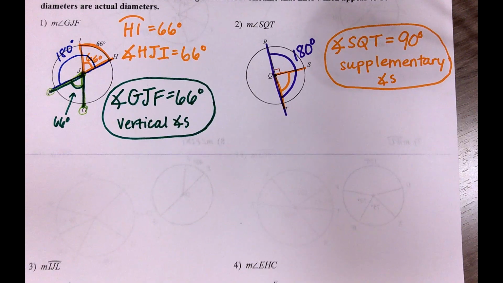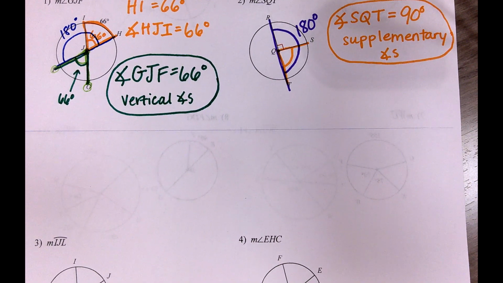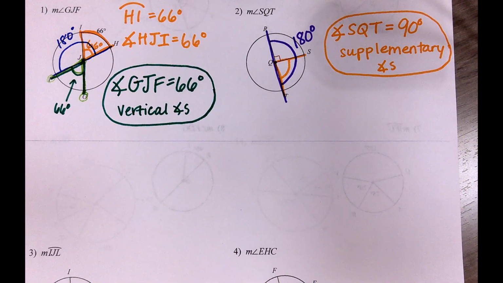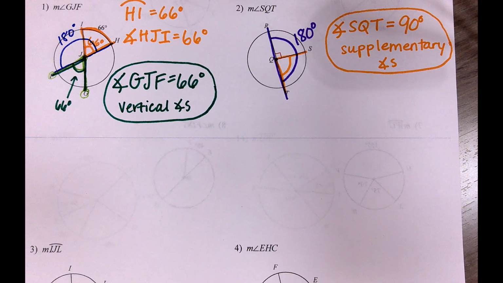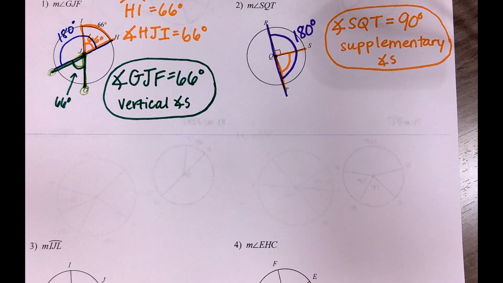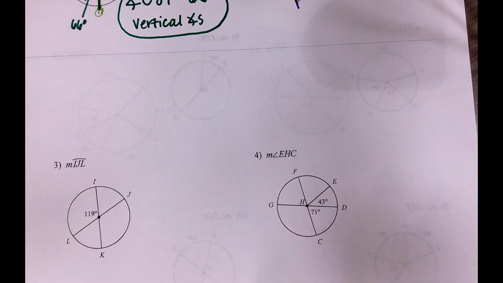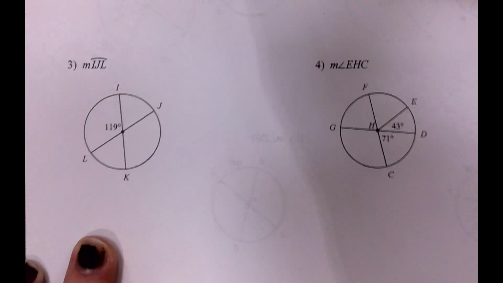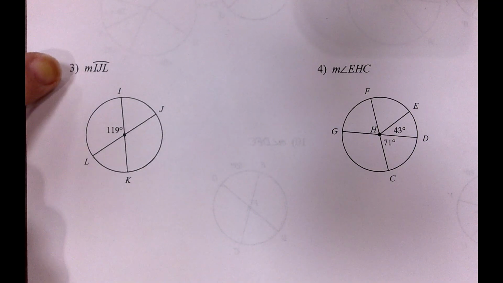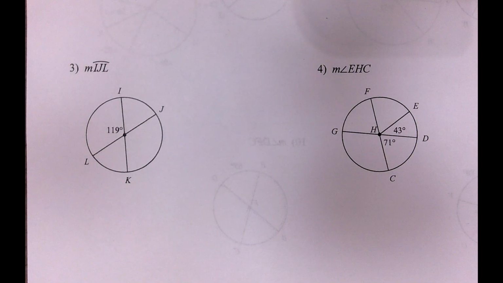So now we will go ahead and look at number three. Does anybody need to see 1 and 2, or does anyone have questions about either one? I'm happy to wait a minute. Speak now or it's moving. Okay. All right, number 3. Now I want to find the measure of the arc named IJL.